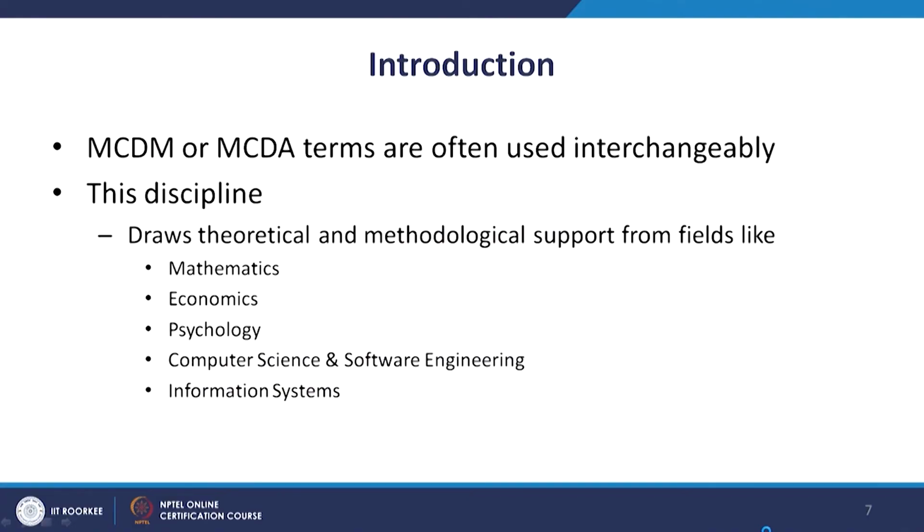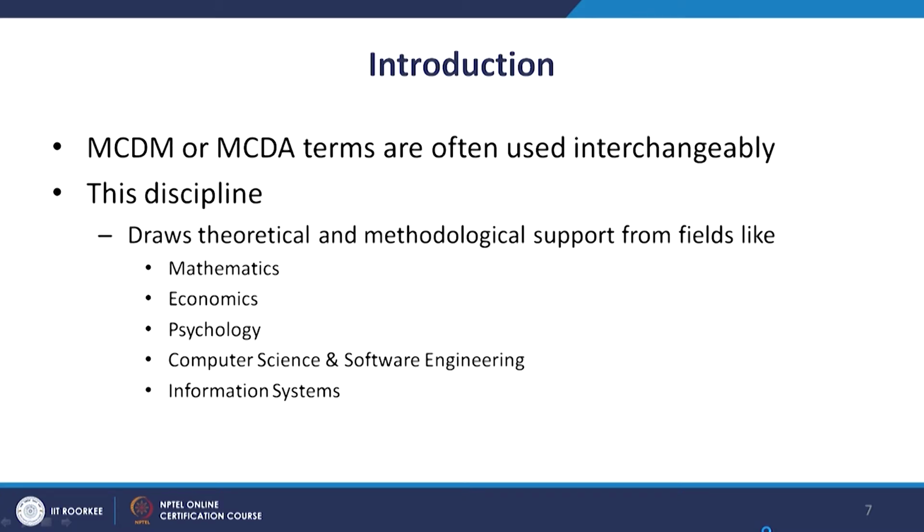Now, you might also see that these two terms, MCDM, multi-criteria decision making, and MCDA, multi-criteria decision analysis, are used quite often, and they are used interchangeably. So this you will come across quite often.